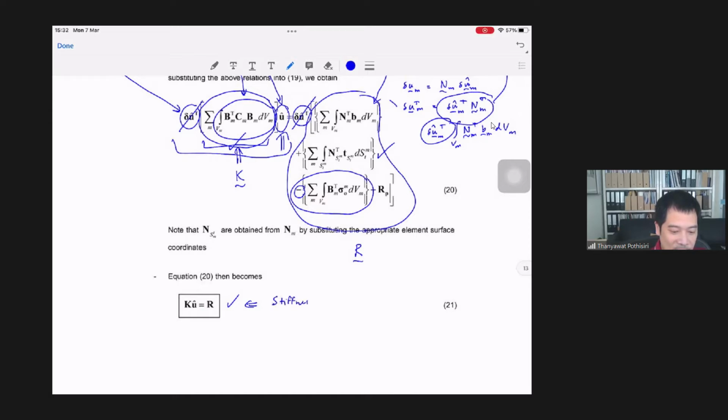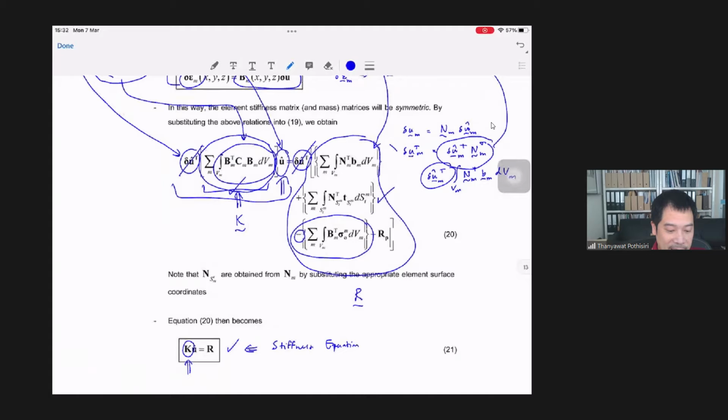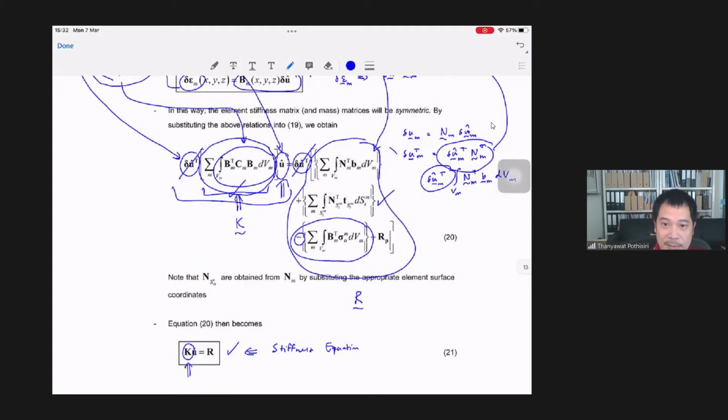This form of equation is called the stiffness equation that we normally use to solve a structural analysis problem. But in structural analysis, you normally construct this stiffness matrix directly, based on the stiffness matrix that you compute for each of the elements. But now you can see that it essentially comes from the virtual work equation. This K matrix is this part right here, which represents the internal virtual work term.